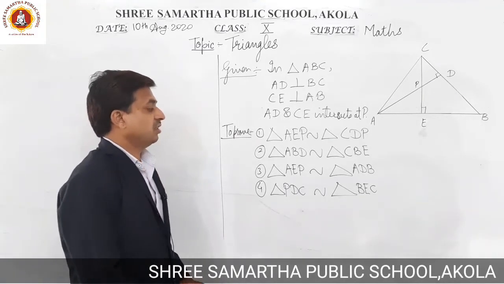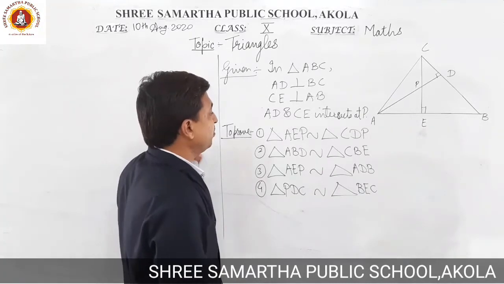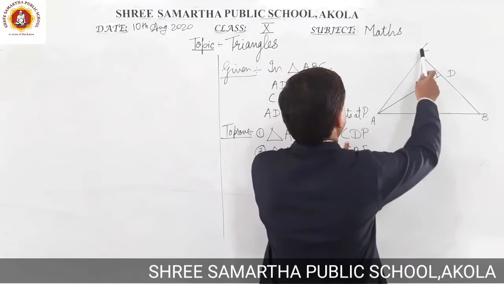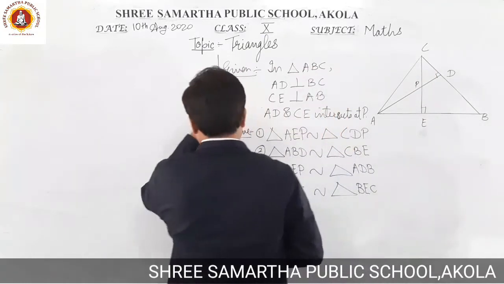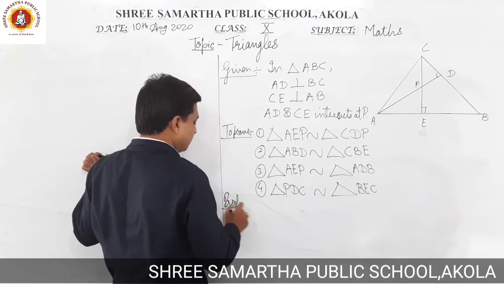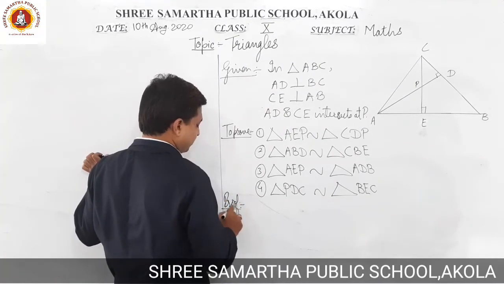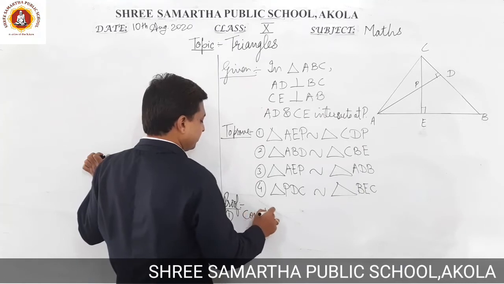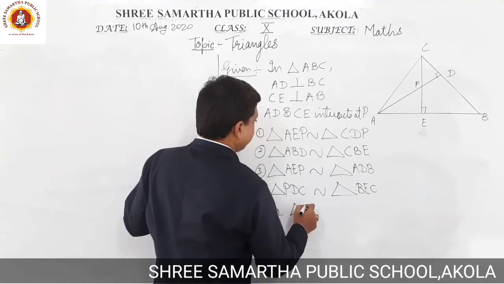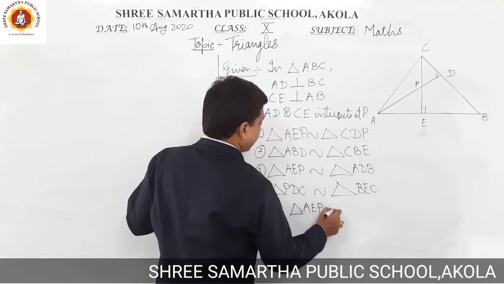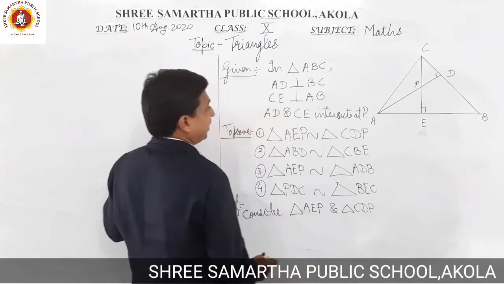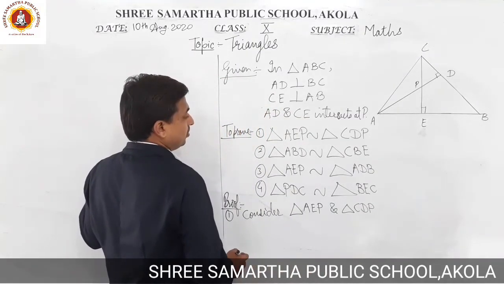See dear student, from the given condition we have to prove triangle AEP is similar to triangle CDP. To prove one by one, we will consider the triangles. First, consider triangles AEP and CDP.